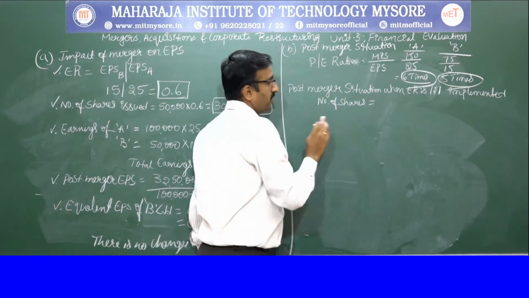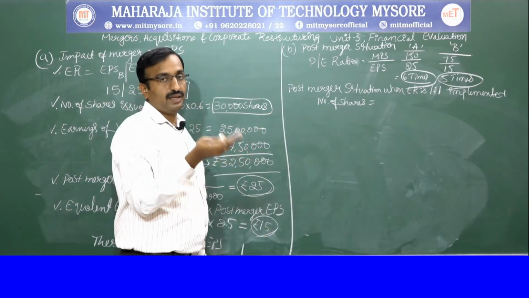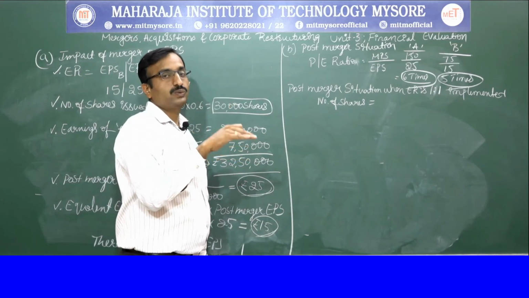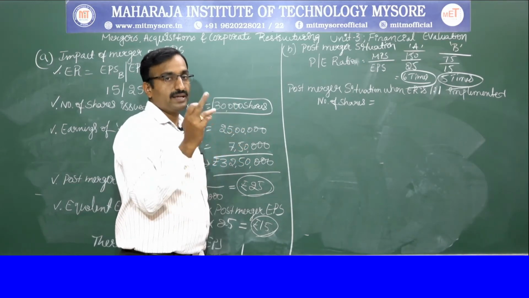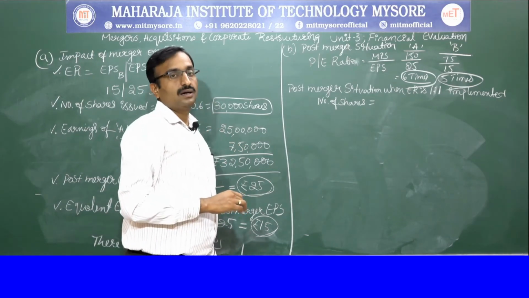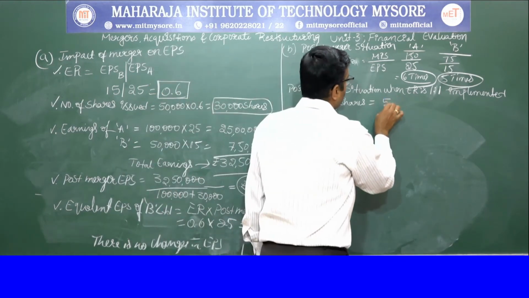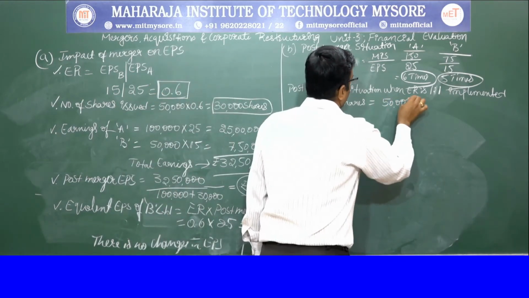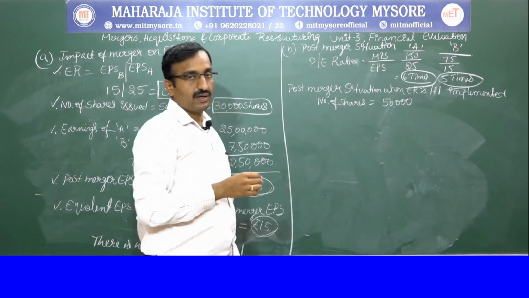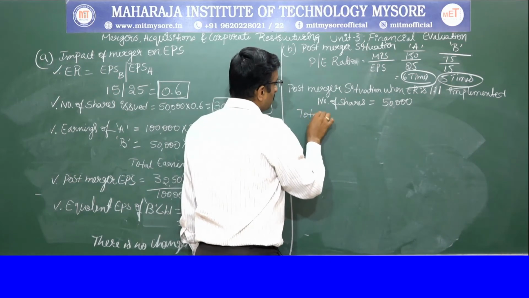Obviously, with 1:1, the number of shares issued for B Limited equals the number of shares of B Limited, both are the same. So we have 50,000 shares in B Limited.